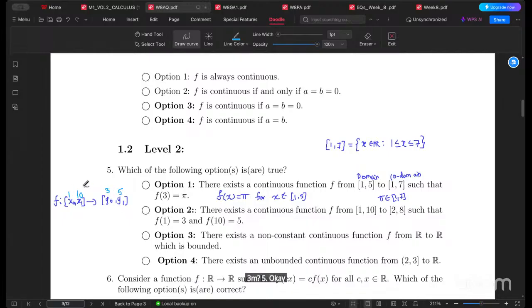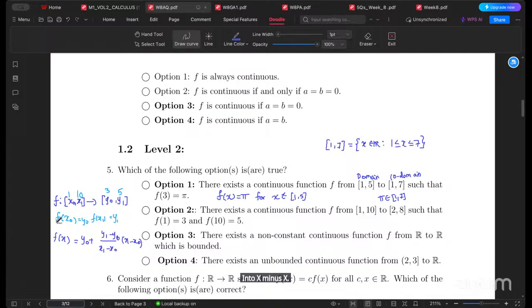If you want a function such that f(x0) is equal to y0 and f(x1) equal to y1, then you need to define f(x) in this way: y0 plus (y1 minus y0) by (x1 minus x0) into (x minus x0).